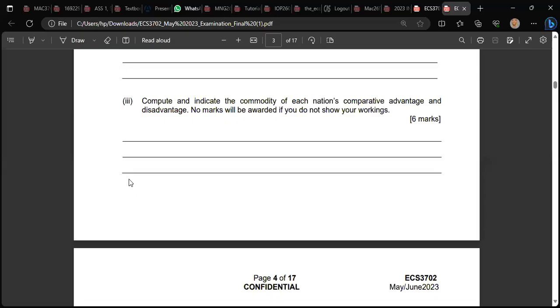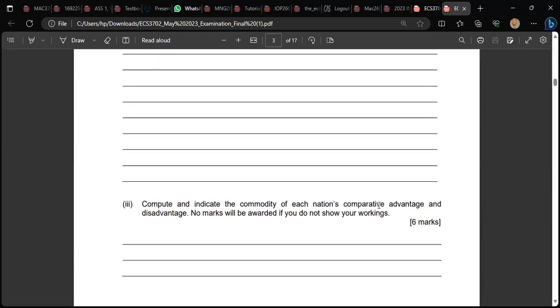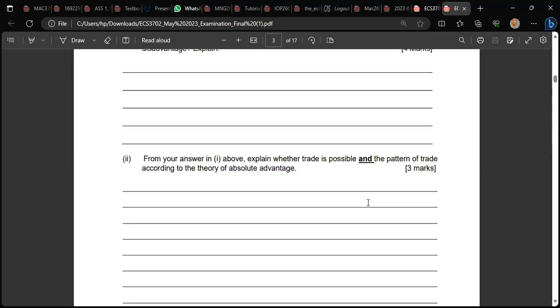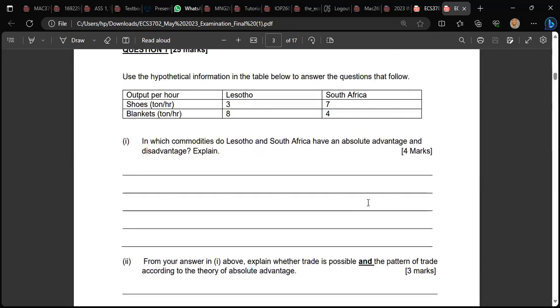And then again, back to the theory: why do we have a theory of comparative advantage when we already have a theory of absolute advantage? In terms of absolute advantage, trade is only possible when one country has an absolute advantage and the other has an absolute disadvantage. Absolute advantage refers to efficiency in production.